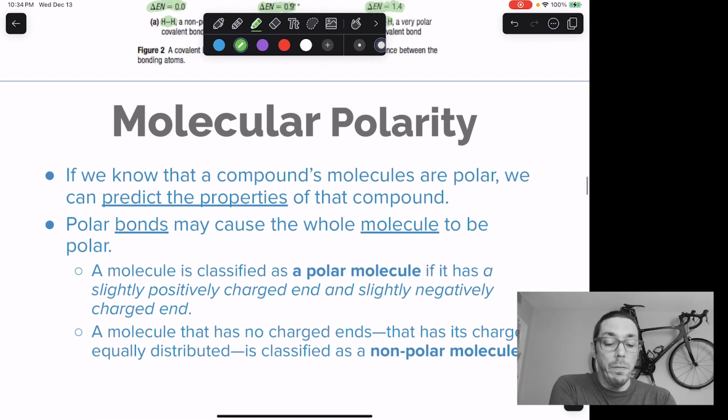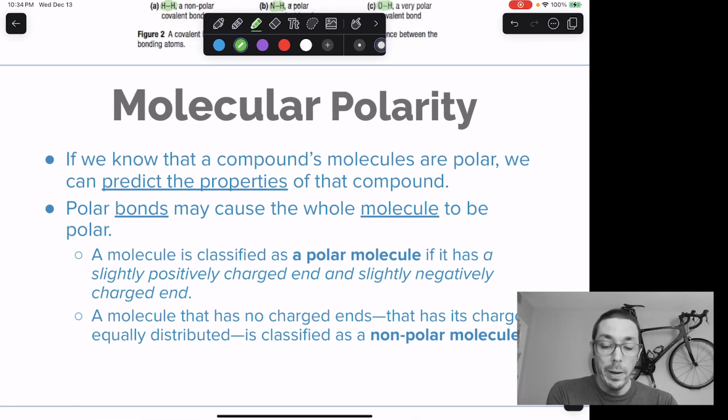We've looked at the polarity within bonds, and now we want to zoom out a little bit and look at polarity of an entire molecule. The concept is the same. If we can see whether each of the bonds in a molecule are polar or not, that is going to determine whether the whole molecule is polar or not.